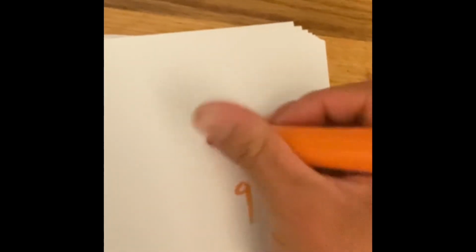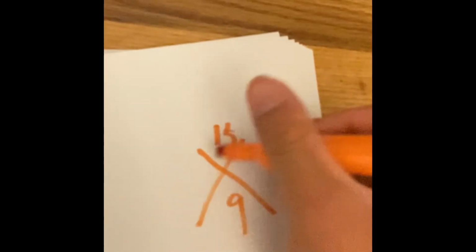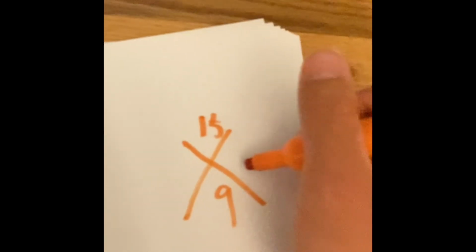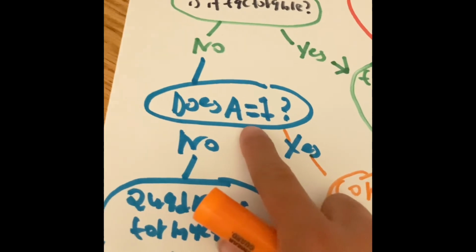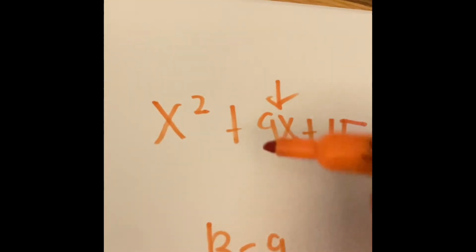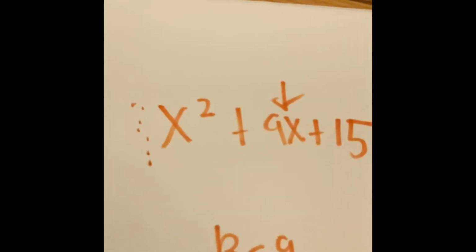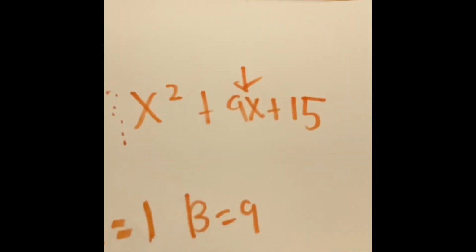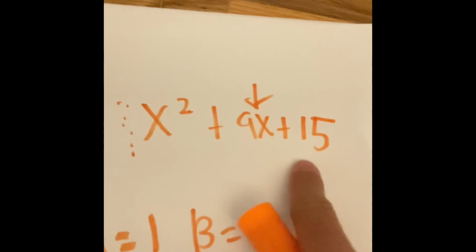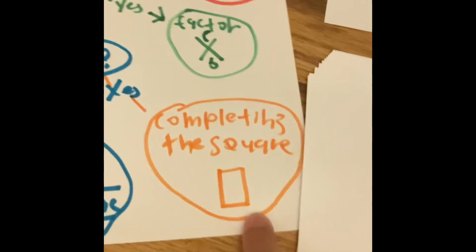If we put 15 on the top and 9 on the bottom, the only factor pairs are 1 and 15 or 3 and 5. No, this will not work either. So factoring is not an option. Does a equal 1? Wait. If we have an x squared at the beginning, we have an imaginary 1 right here. So our a does equal 1. That means this one is the best fit for solving by completing the square.